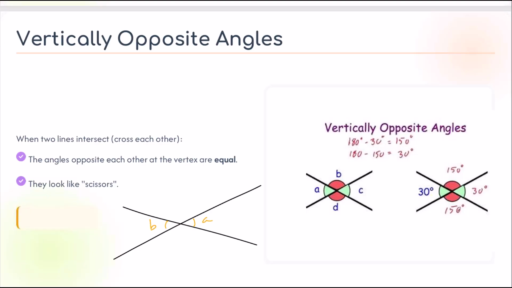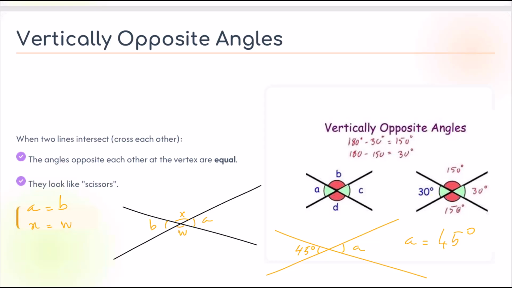So we have A equals B, and also let's say here X and here W, so the angle X is equal to W. Let's say we have two lines across, and I want to calculate the angle A, and here we have 45, so we say that A equals 45 degrees, and the only reason is vertically opposite angles are equal, so you need to say that.